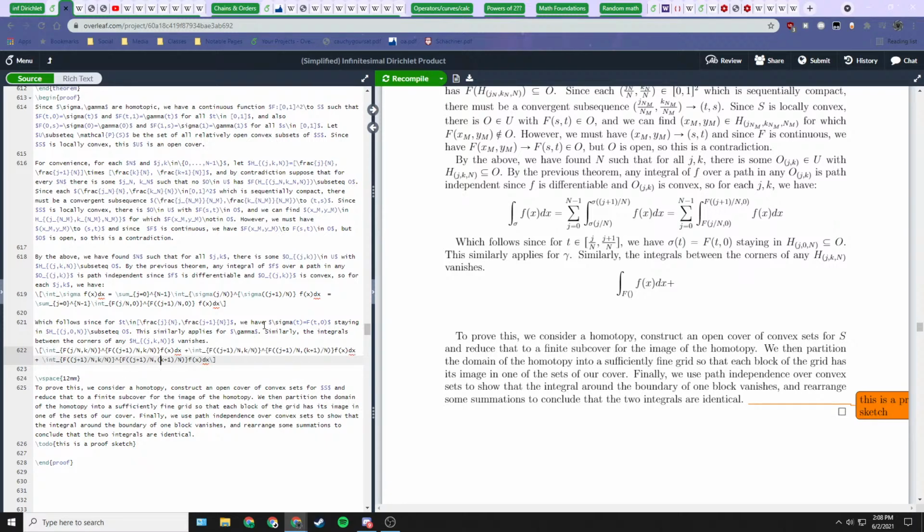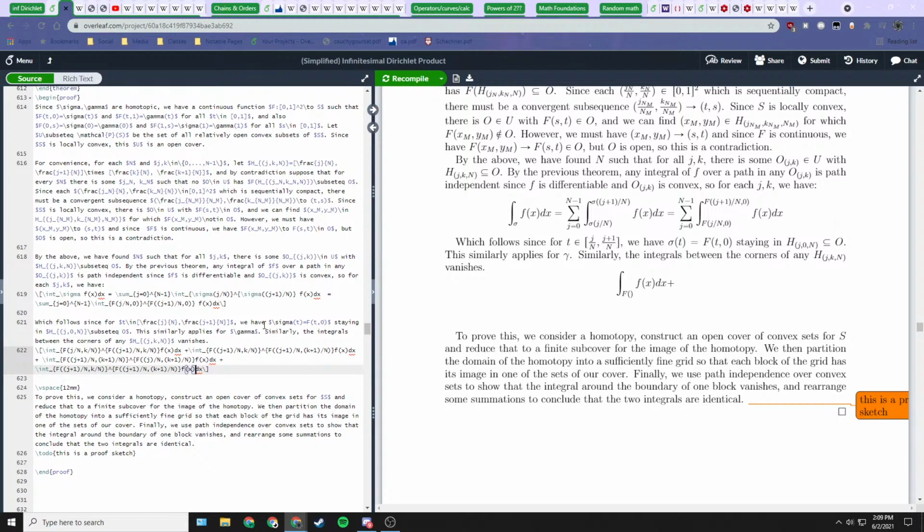I don't know if this is all going to fit. It's also going to look terrible. k plus 1 over n, down to j, and then finally back down to k. I think that is maybe correct.